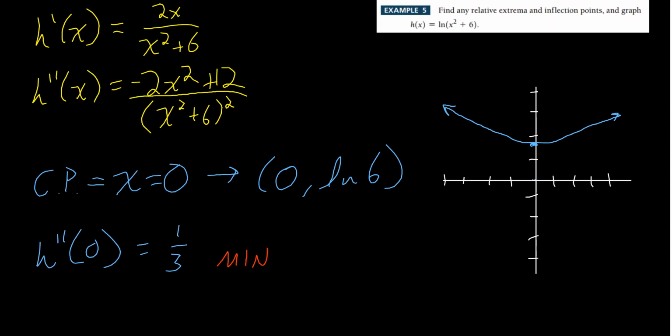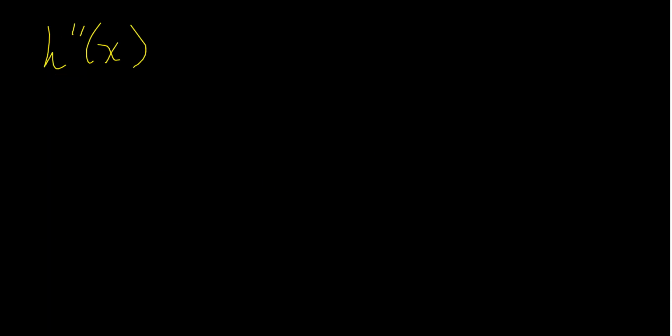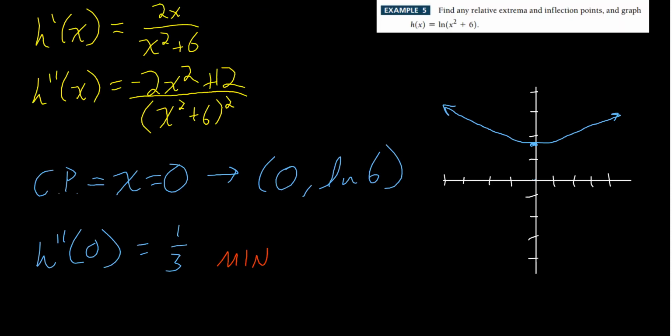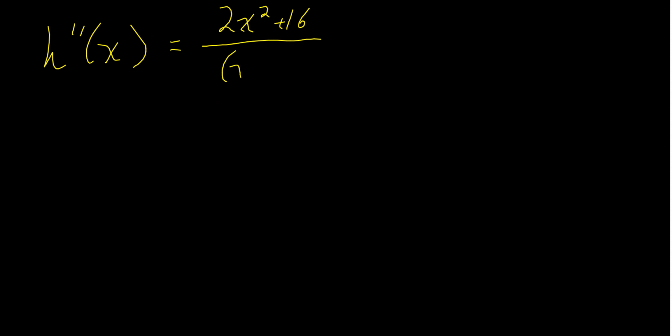Just rewriting real fast: 2x squared plus 12. Okay. All right, so again, in order to find the inflection point, we have to set this second derivative equal to 0. Well, again, lucky for us, obviously if we set it equal to 0, we can kind of forget about the denominator because we multiply both sides by that. So we really only focus on this numerator here.